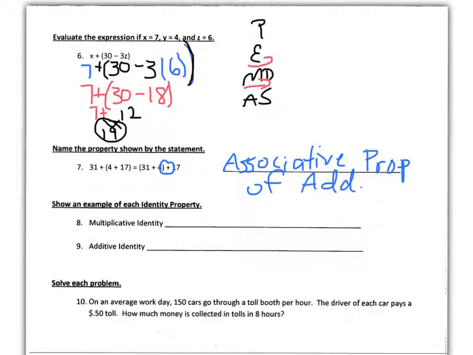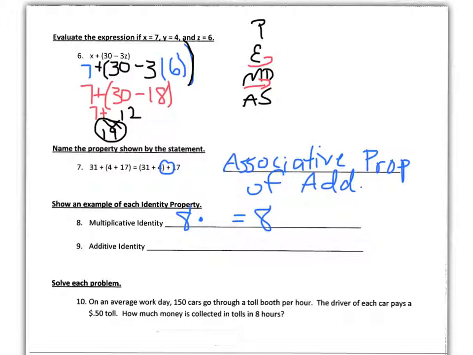Okay? Okay, next part here, number 8 says, show an example of each identity property. Okay, first one is the multiplicative identity. So with the identities, I always like to think, I want to go in with a number and I want to come out with that same number. So with multiplication, what can I multiply 8 by and still come out with an 8?